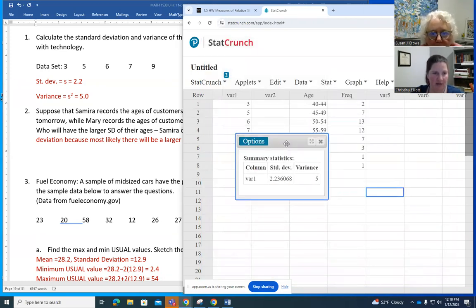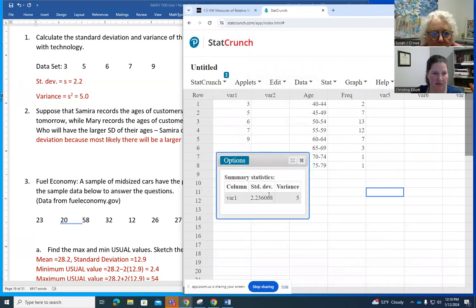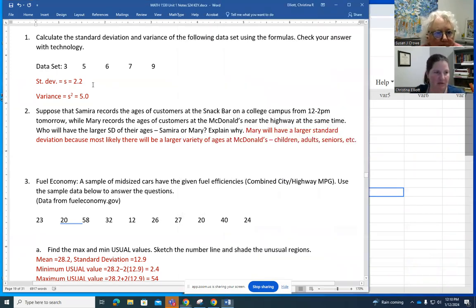So there's our standard deviation. I just put 2.2 and 5.0 because we typically keep one decimal place more than what's in the data. So standard deviation of 2.2, variance of 5.